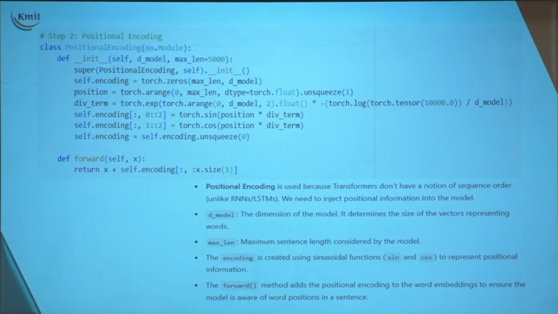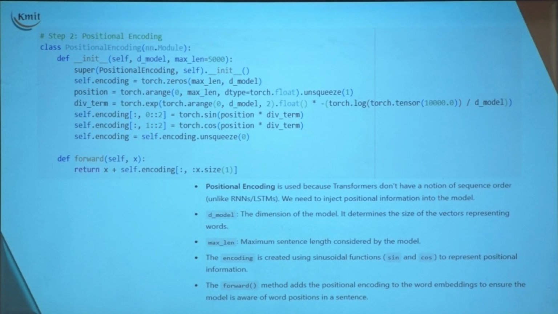Now, what am I doing here? First, I am defining a class called position encoding. I am inheriting the properties using the super module. And then look at this: self.encoding is equal to torch.zeros of max length comma d_model. What do you mean by this line?